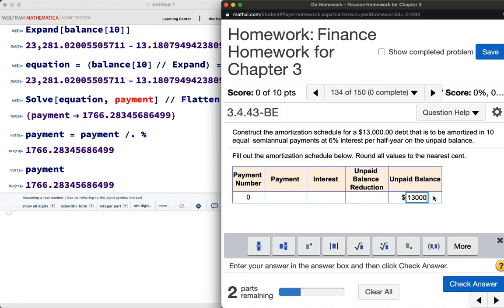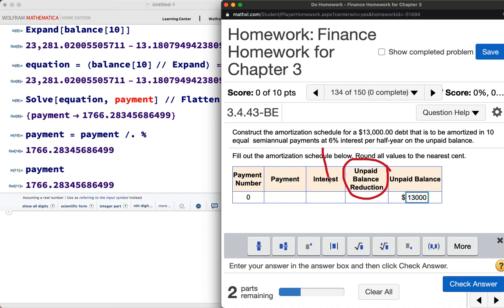It's really, really simple. And actually this right over here, in many books, is called the portion to principal. The unpaid balance reduction is called the portion to principal, the portion of your payment that goes to principal.